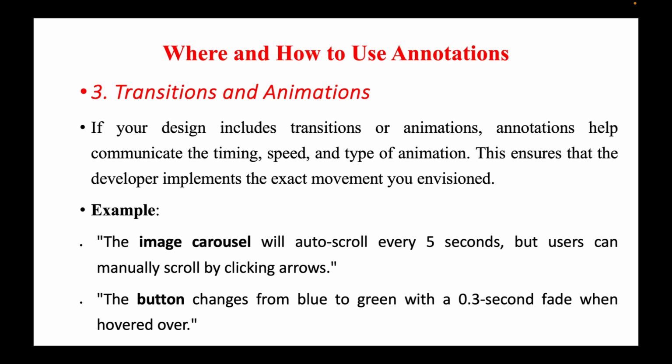Example, the image carousel will auto scroll every 5 seconds, but users can manually scroll by clicking arrows. The button changes from blue to green with a 0.3 second fade when hovered over.